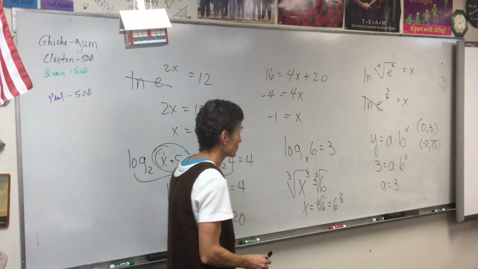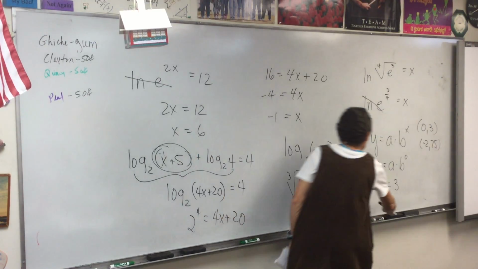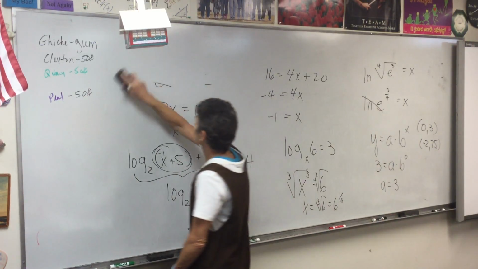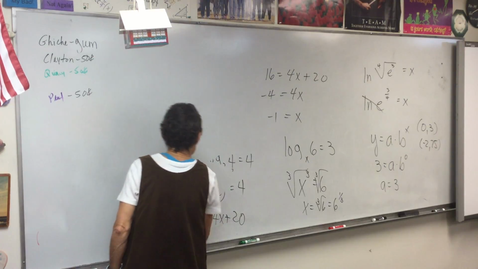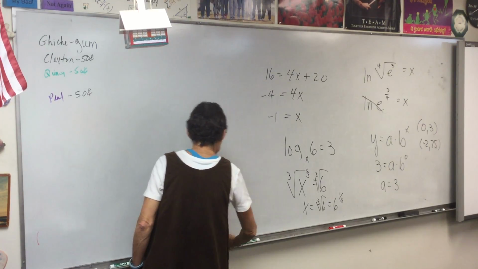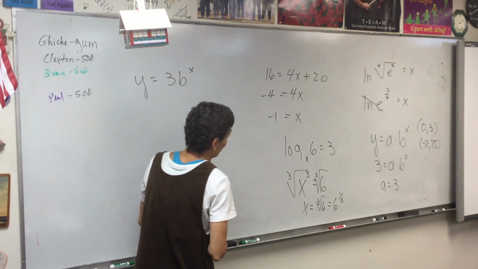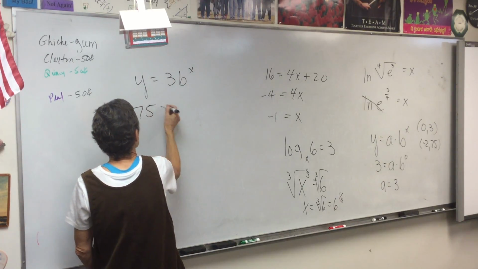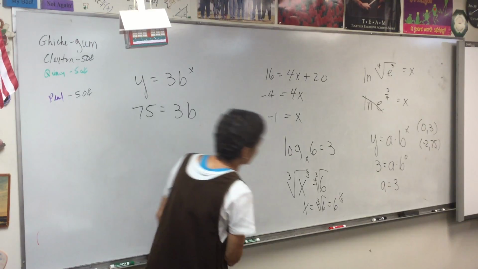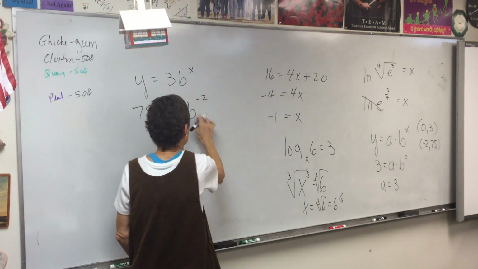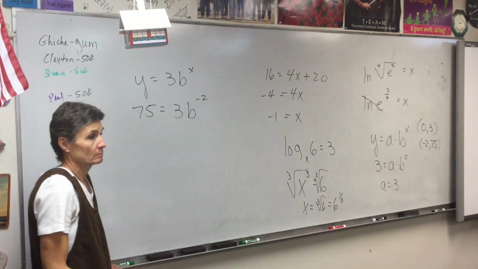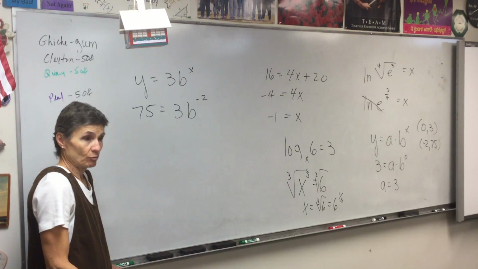Anything to the 0 power is 1. So now you've got an equation, you know what A is. So now we'll plug in that other point. Divide by 3 first.